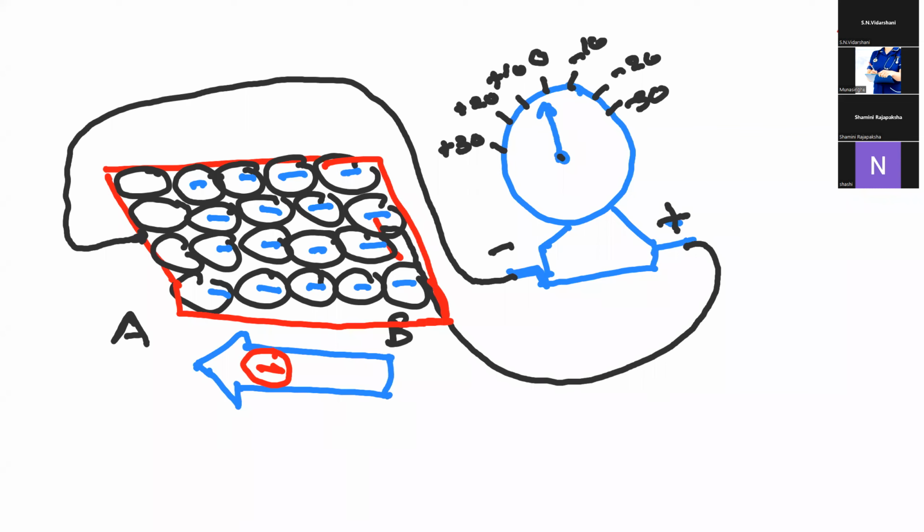Right. Now take the concept. This is the negative electrode in the A position. So what happened? A negative magnet force is coming towards the negative electrode. Am I correct? Yes. The negative magnet force comes towards the negative electrode.